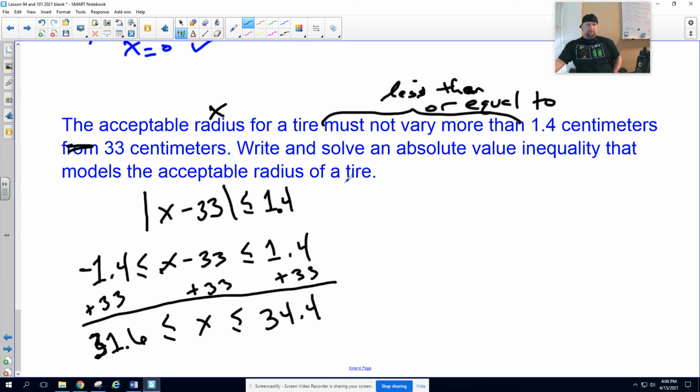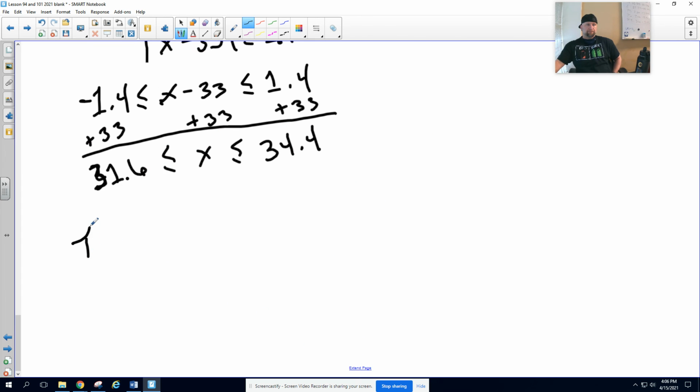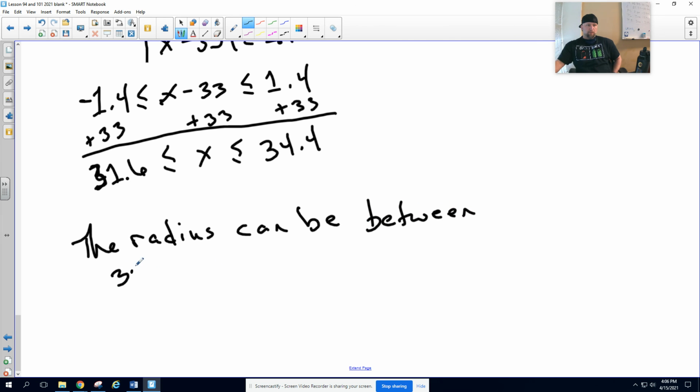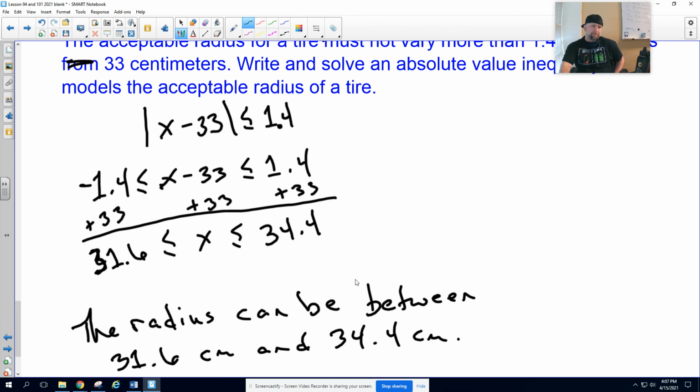So we'd say that the radius can be between 31.6 centimeters and 34.4 centimeters. Okay.